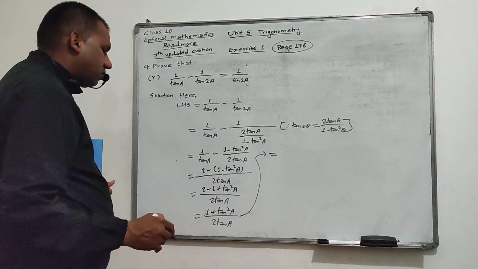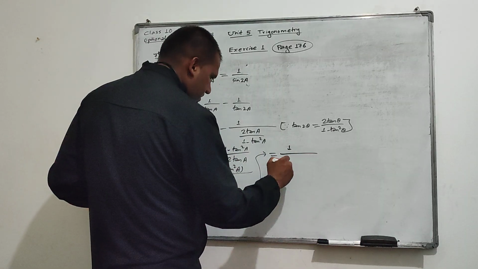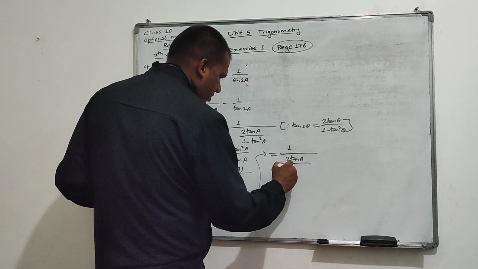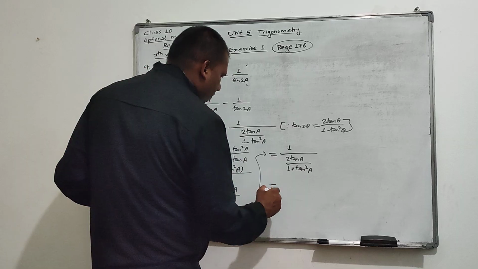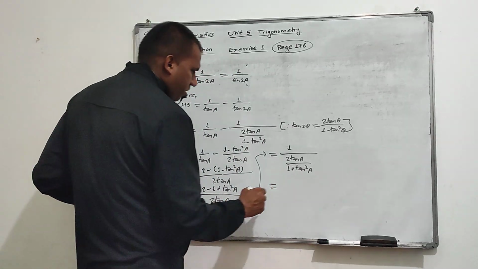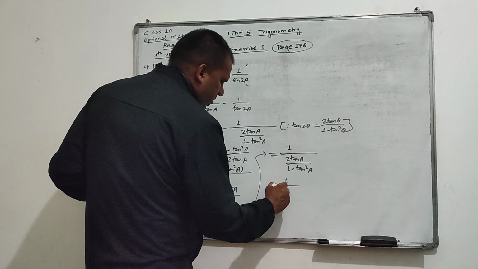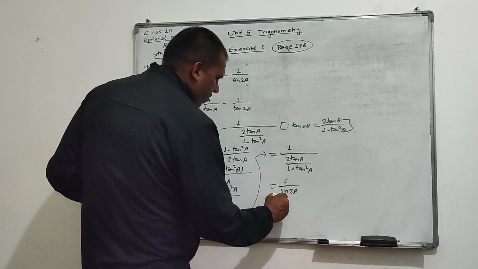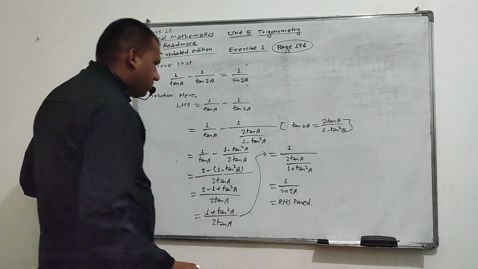Now this equals 1 by (2 tan A upon 1 plus tan square A). We know 2 tan A upon 1 plus tan square A is sine 2A in terms of tan A. So this is equal to 1 by sine 2A. This is equal to RHS. Proved.